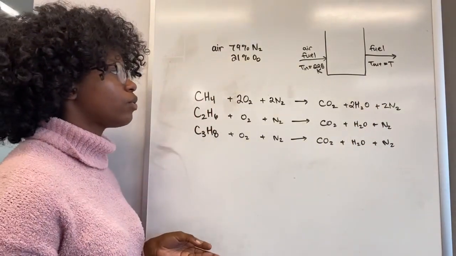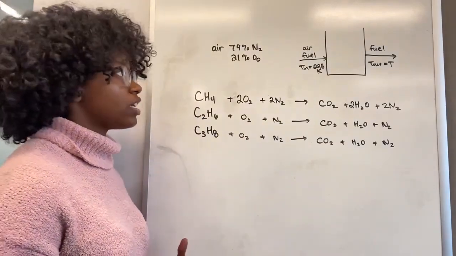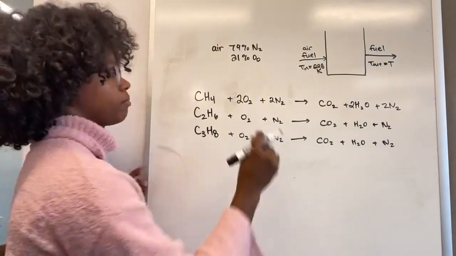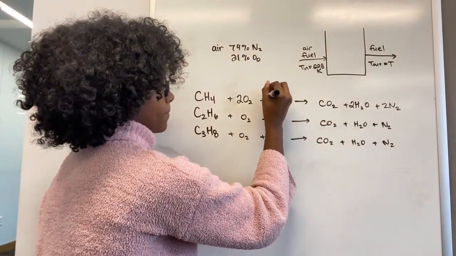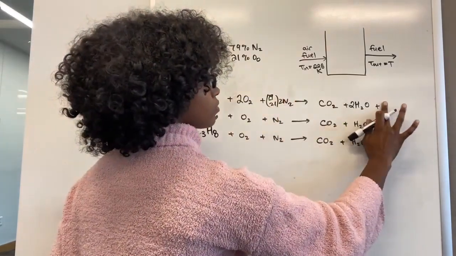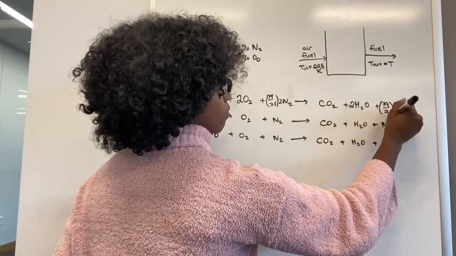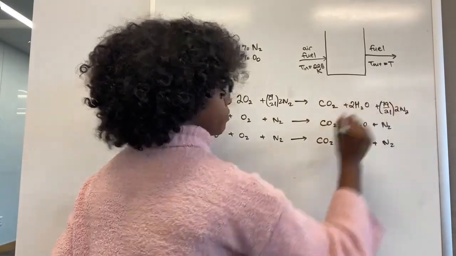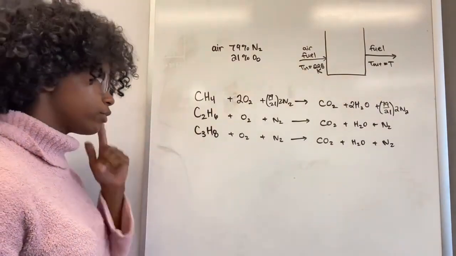And then we have to multiply it by the molar ratio, which is 79 over 21, on both sides. And so then we follow this process all the way through.